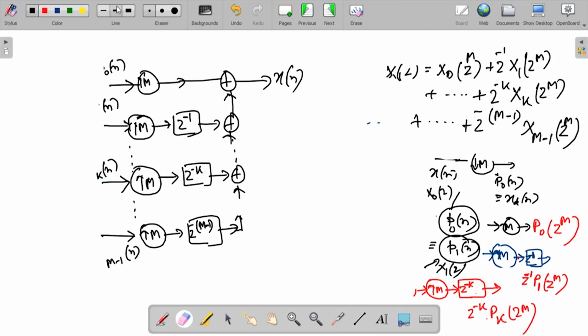I am making this mistake. Okay, so capital X z is capital X 0 Z to the power m because expanded by m, then plus Z inverse capital X 1 Z to the power m and so on and so forth. This is in time domain, that is in Z domain. This is called polyphase decomposition.